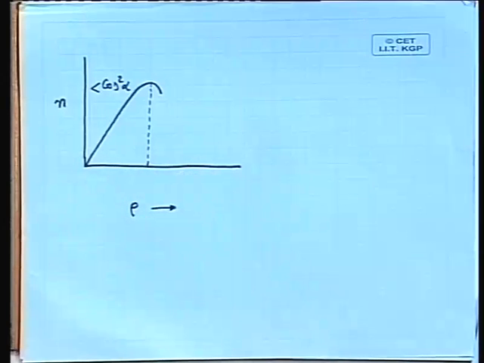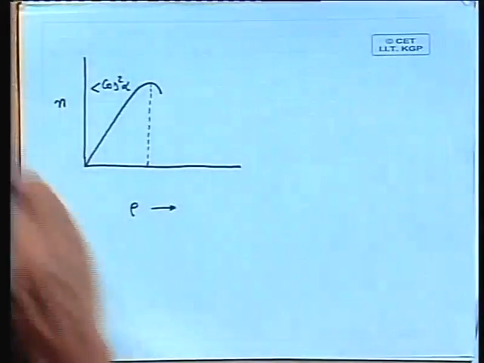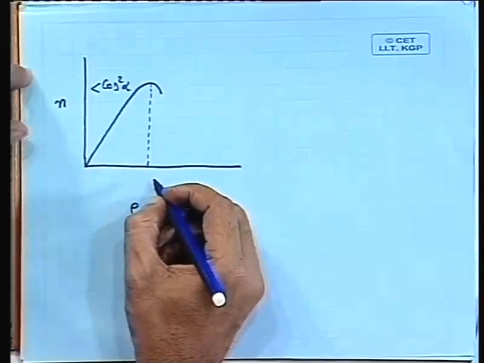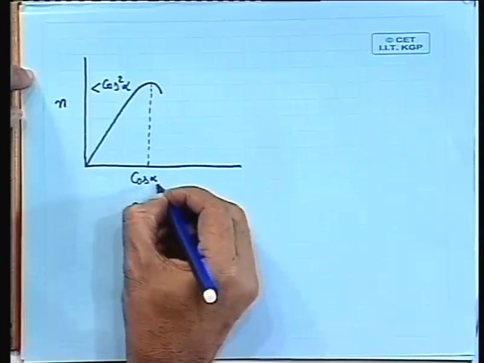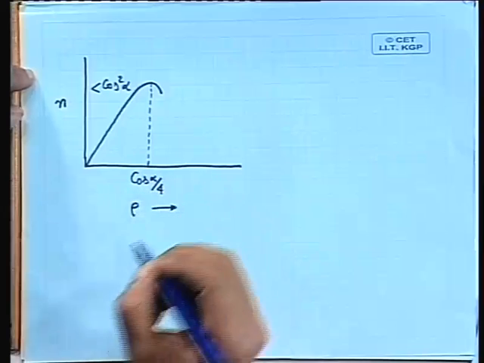so we have got two stages of Curtis. The value of rho was cos alpha by 4, if you remember. So, let me write cos of alpha by 4.